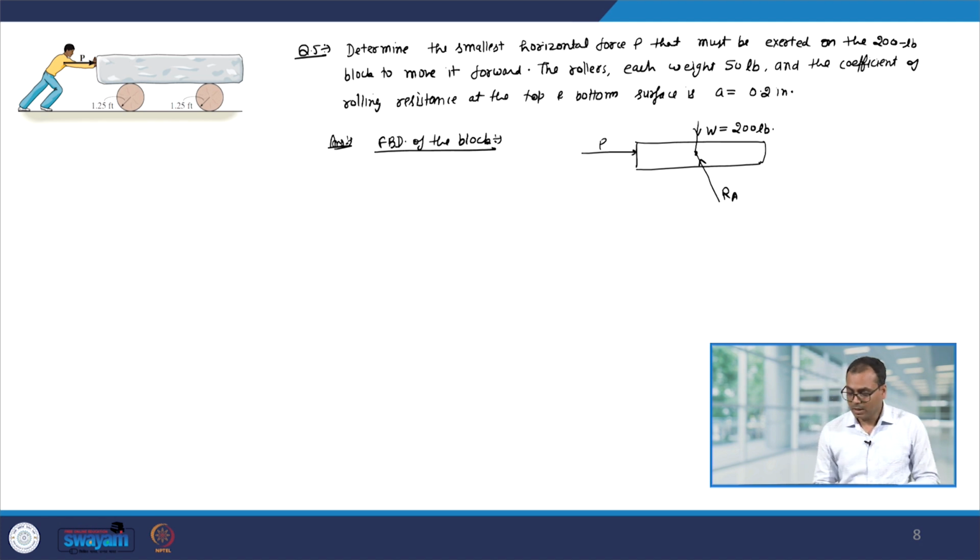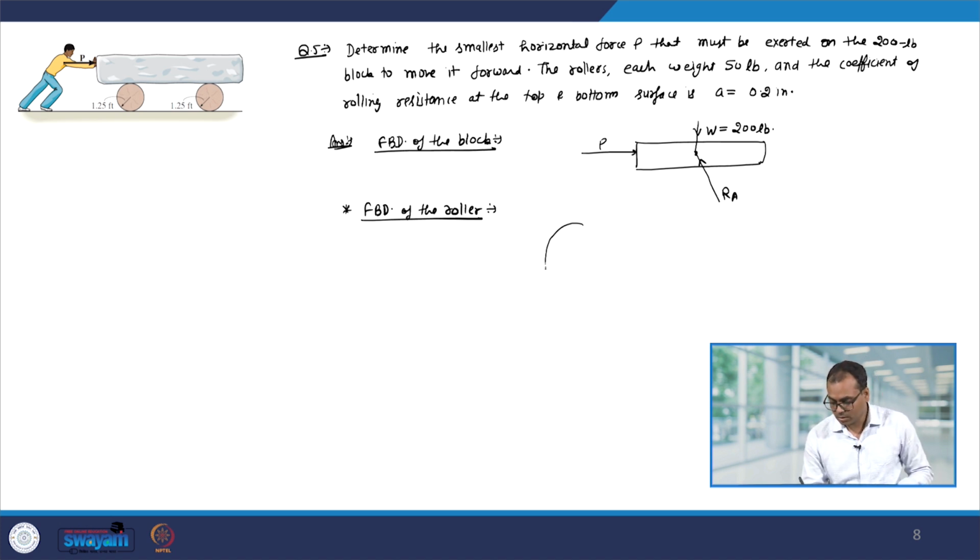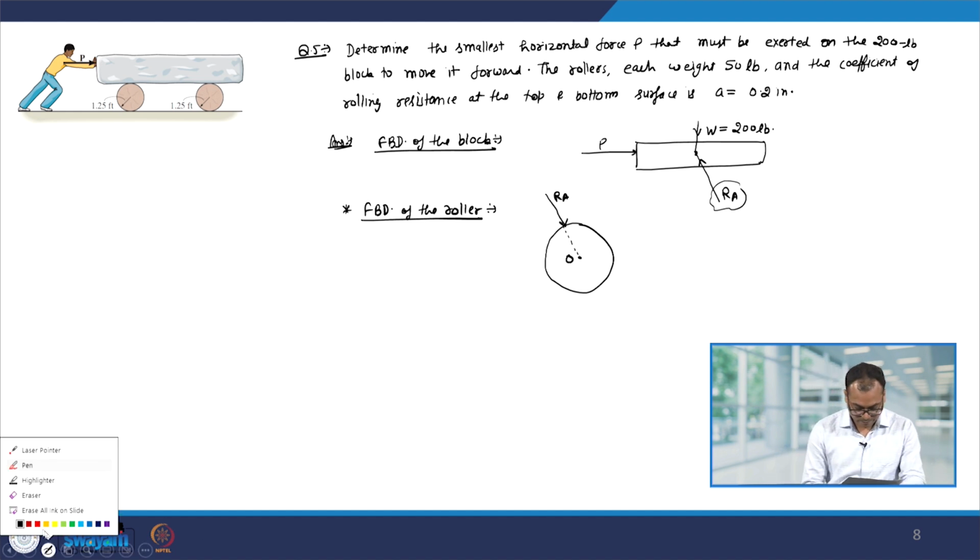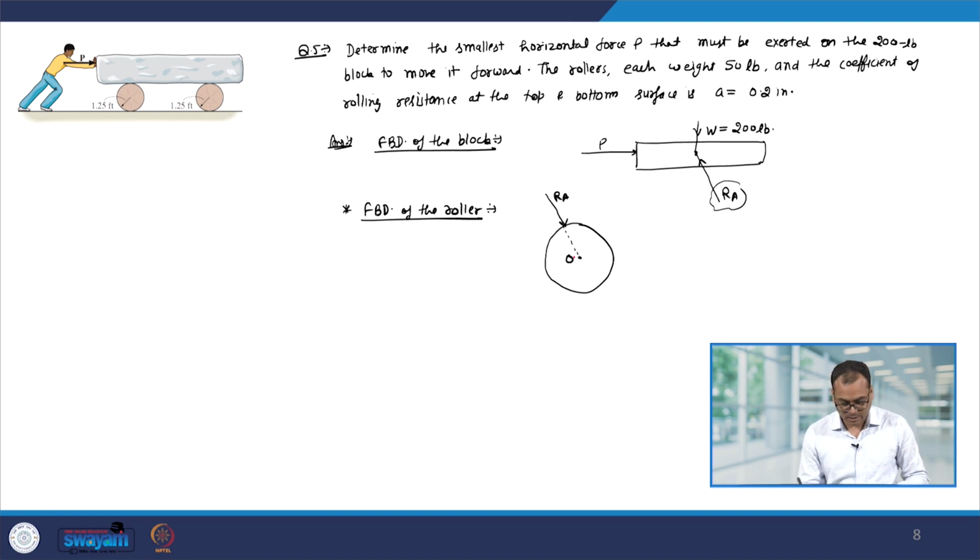Okay. Now, let us look at the free body diagram of the roller. So, we have this roller, its center is let us say O. Now, since you have this reaction force R A, the reaction force is going to act like that, and this time this roller also has a weight.